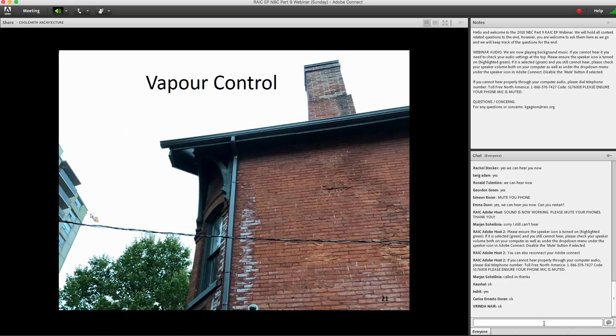So just one explanation of how the vapor flows. This is an old house that I'm pretty sure had a gutter or a downspout that was really broken. Now it seems to be fixed.